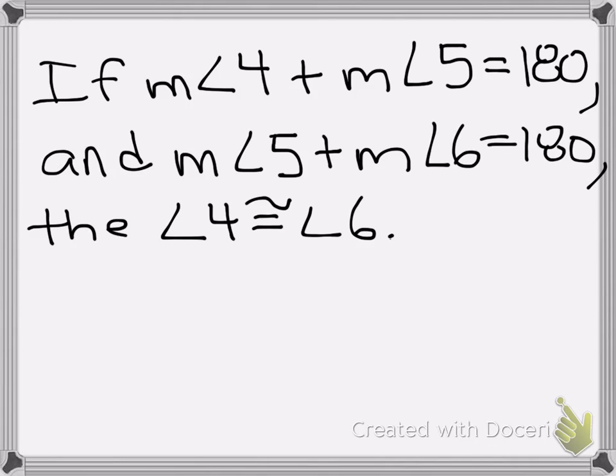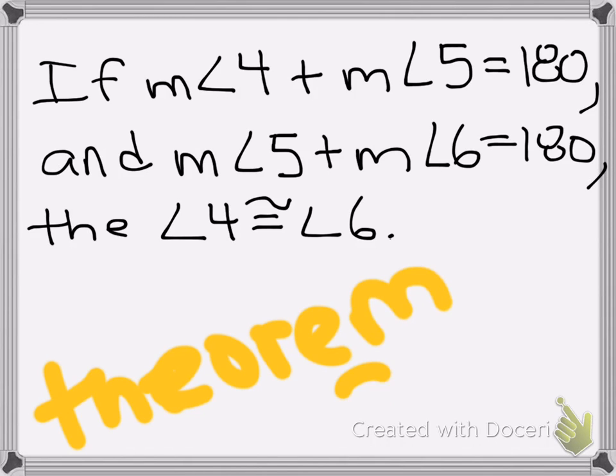So since angle 4 plus angle 5 is 180, and then the same angle, angle 5 plus angle 6 is 180, which means they're supplementary, that means they're both going to be congruent. So that's theorem 2.6.